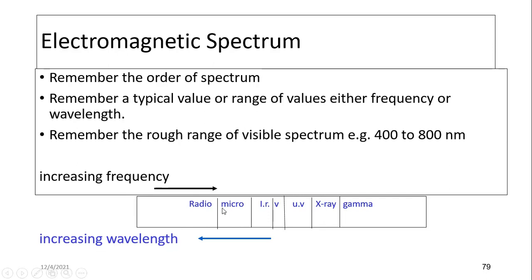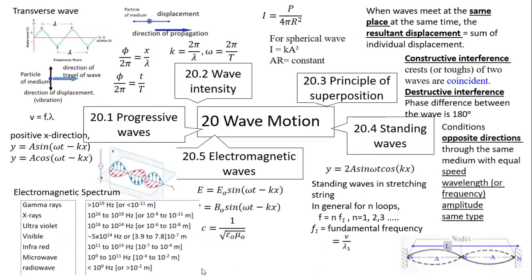Remember a particular value if you want to. Remember a rough range. Right? For example, for visible light, you need to remember 400 to 800 nanometer. Okay, so this is all that you need to know for this topic. Right? Spend the rest of the time trying to finish your checkpoint.